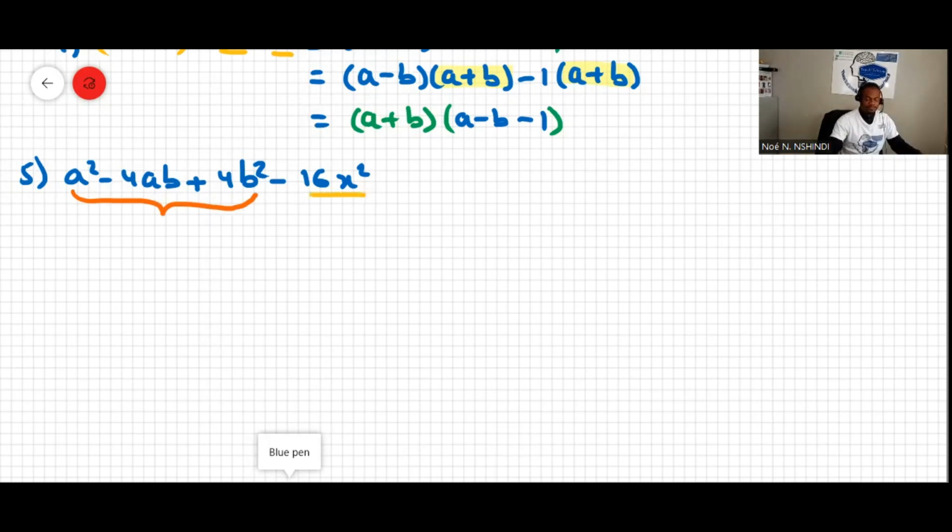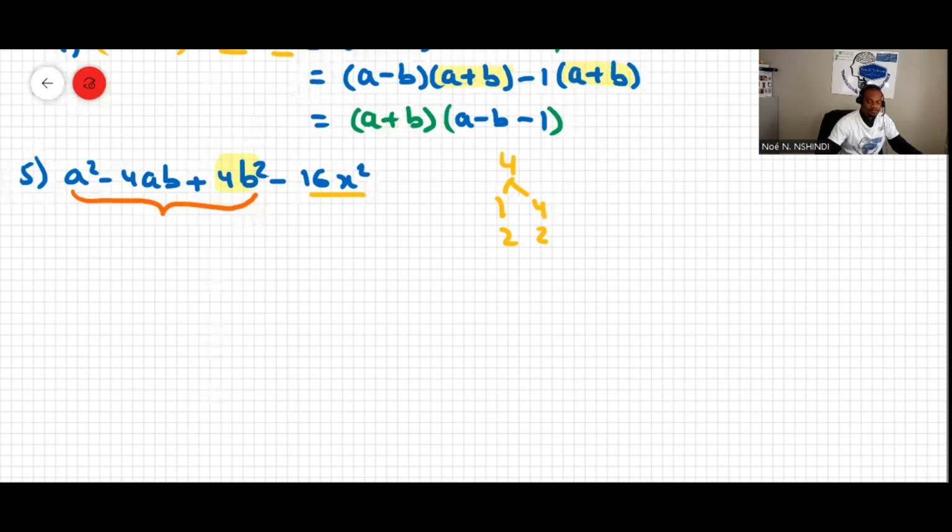Now, if I consider the first 3 terms, I need to factorize it here. I'll look at the last term, 4b squared. Just take 4, and the factors of 4 are 1 and 4, 2 and 2. Now the question is, if I need to get the coefficient of the middle term, -4, it's possible only if I do -2 minus 2.